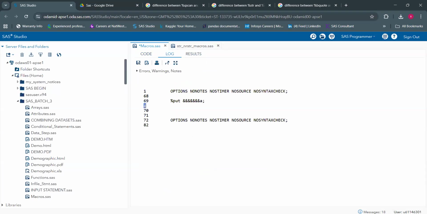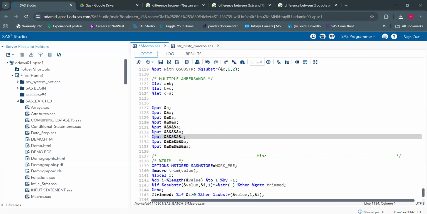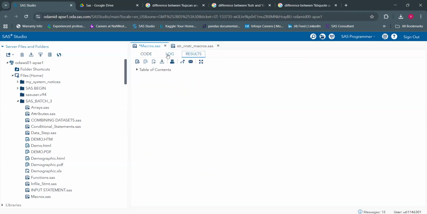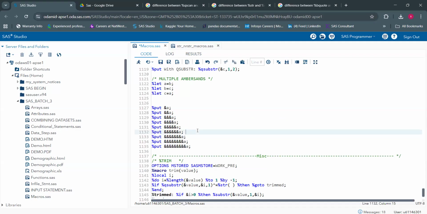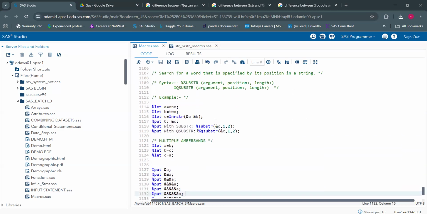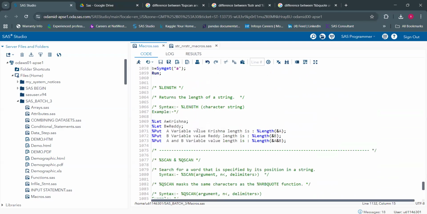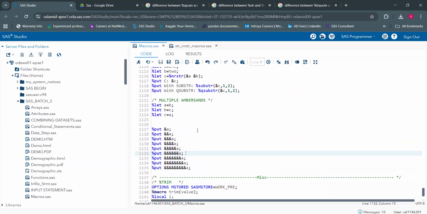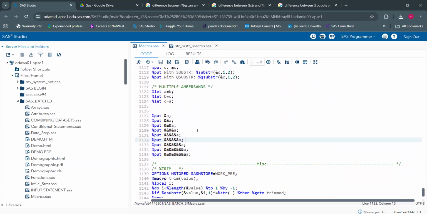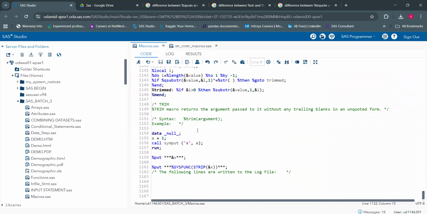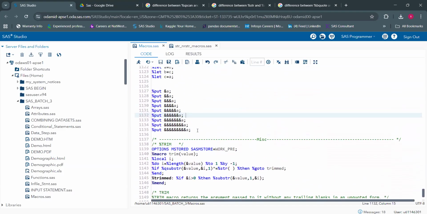Clear, ma'am? What is the use of this? In what cases do we use this? Really confusing. So in what case do we use it? Because what happens is, we sometimes get the opportunity to resolve it.